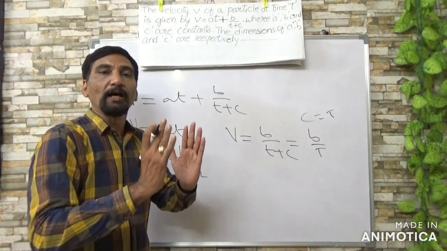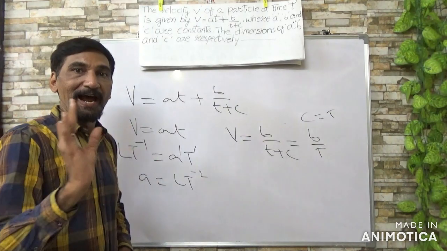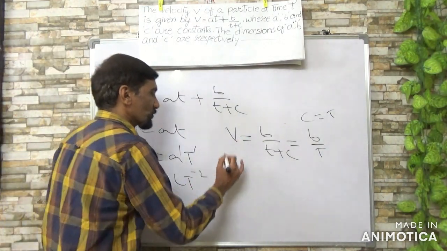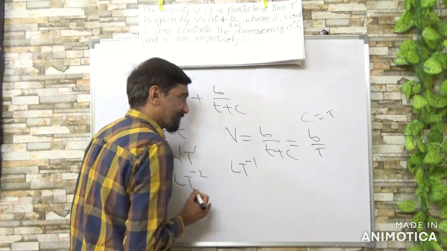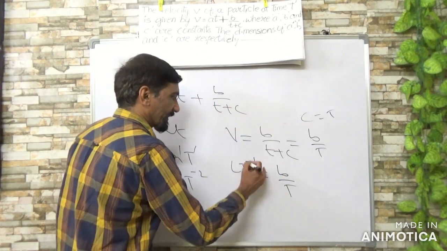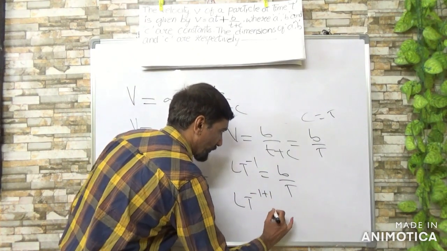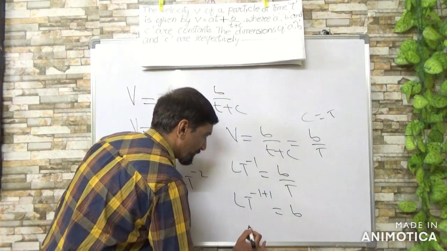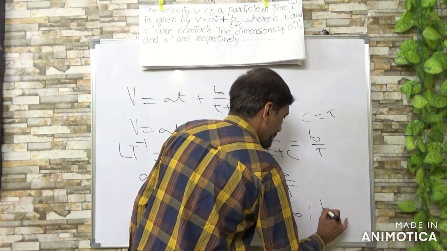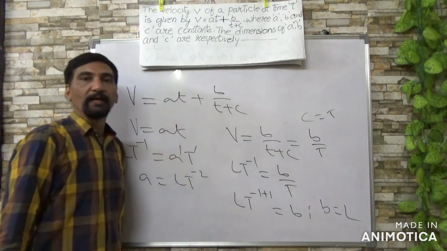So we know unless two physical quantities are same, we cannot add or subtract. So velocity LT inverse which is equal to B by T, right? Take this to other side, LT minus 1 plus 1 equal to B, that means B becomes only L. Okay.